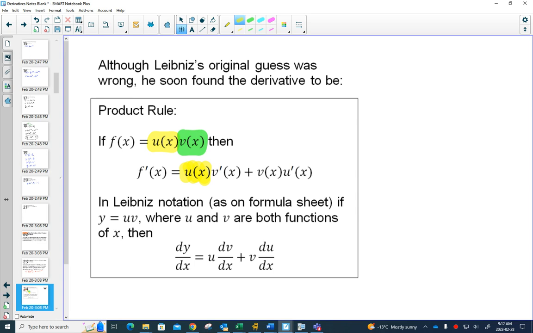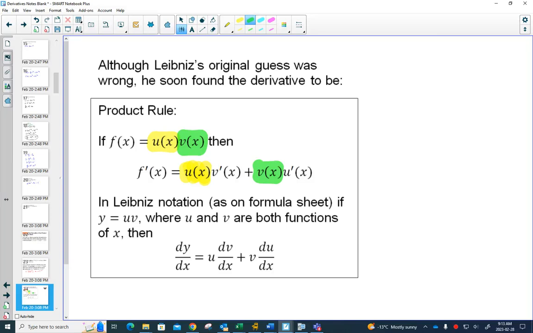Then you keep the second function the same and multiply by the derivative of the first function, which can be simplified to just keep one the same. It really doesn't matter which one you keep the same first, because I'm adding here, right? You see you have two terms that are added. You always have one the same times the derivative of the other. And it doesn't matter which one you have first.